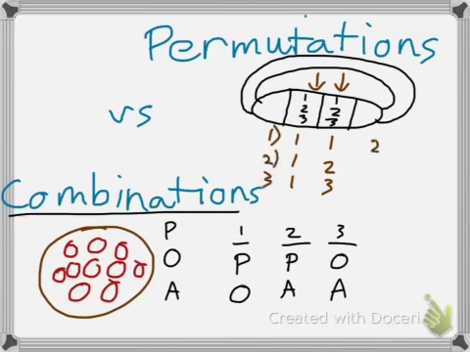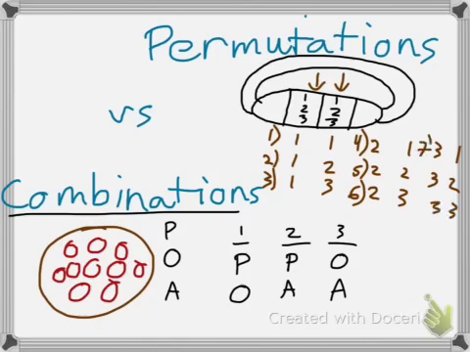Or you could pick 2 to be first, and then 1 to be second, 2 to be first, 2 to be second, 2 first, 3 second. So that gives us 4, 5, 6 options. Or you could pick 3 to be first, then 1, then 3 and 2, and then 3 and 3. That would give us 7, 8, 9.